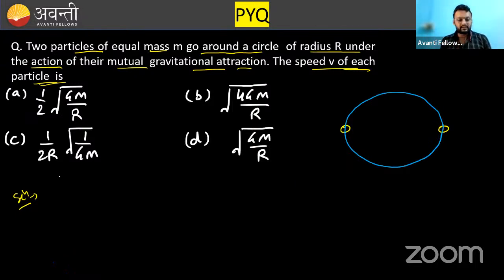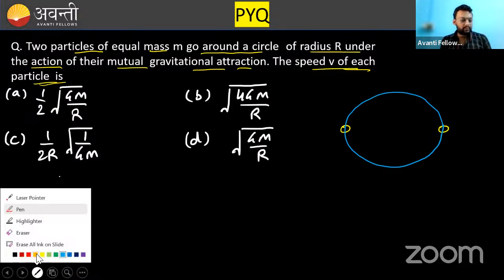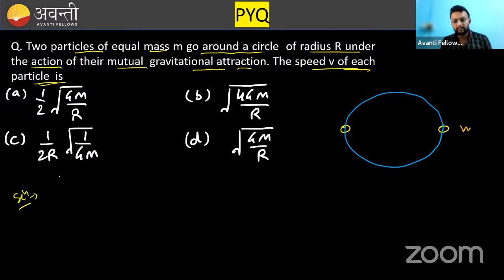So these are the two masses, and both are revolving in a circular path. The radius is r. If one is going in this direction, then the other must be going in the opposite direction, and they will move like that.